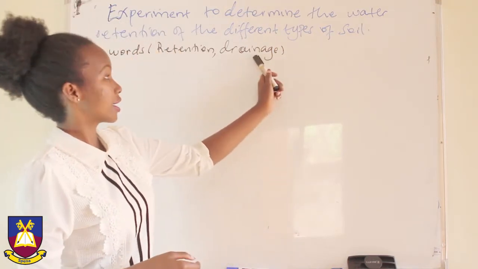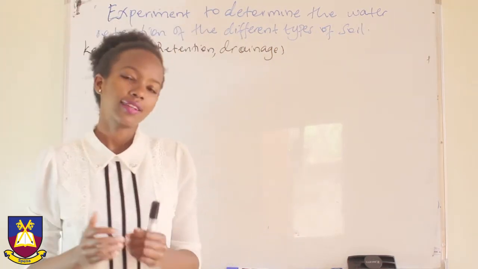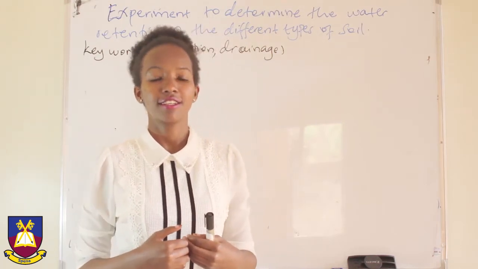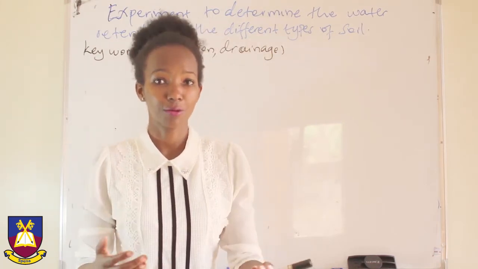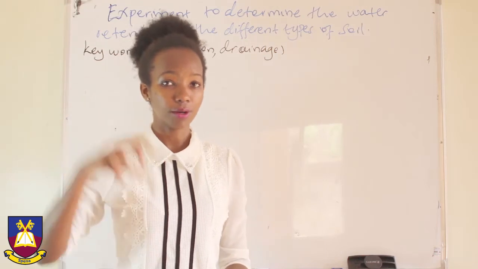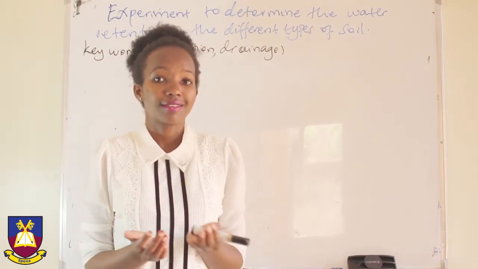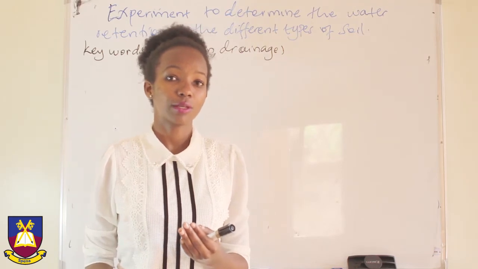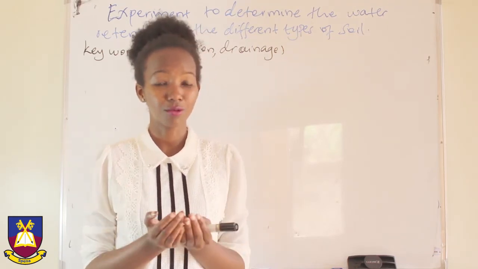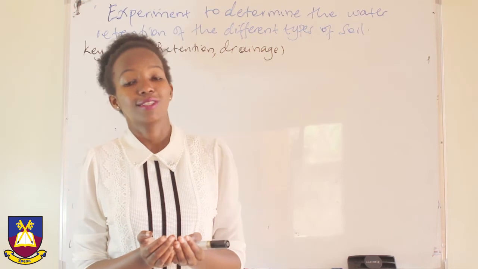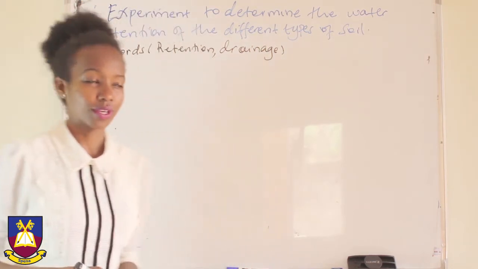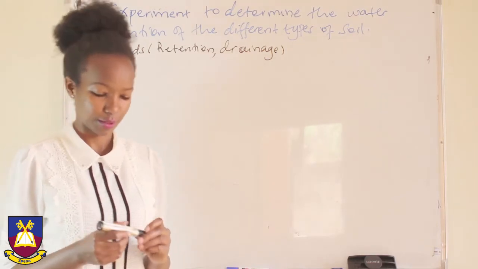That's drainage. Okay, so a type of soil that is very good at retaining water is then not very good at draining water. Draining is going through. Retention is holding it to prevent it from going through. So if a type of soil is so good at holding water, then it is not so good at letting it go through. Okay, so what shall we need for this kind of experiment?